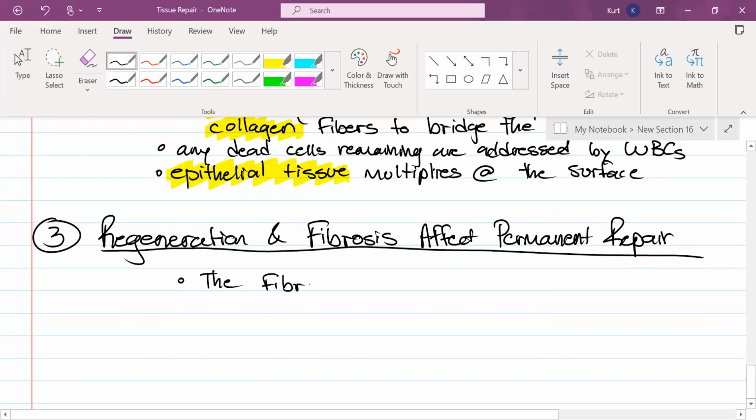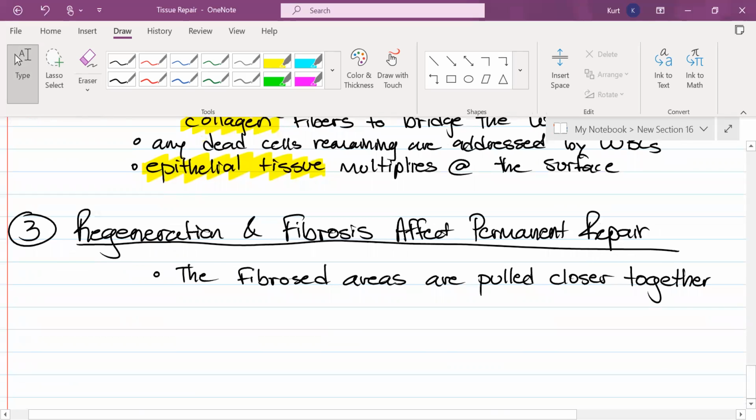The fibrosed areas are pulled closer together, like the two sides of that boat in Spider-Man. Remember that the fibroblasts are producing collagen like in step 2. You have a lot of collagen.